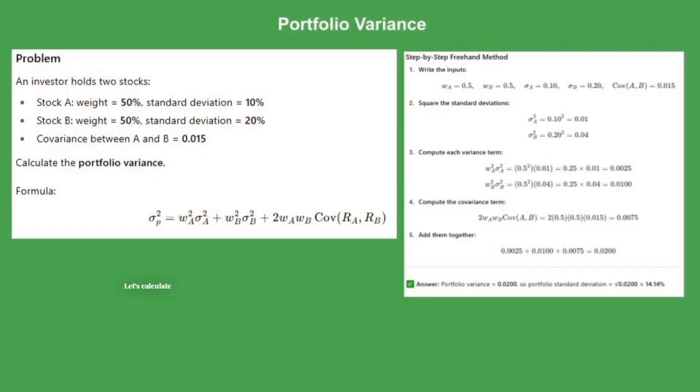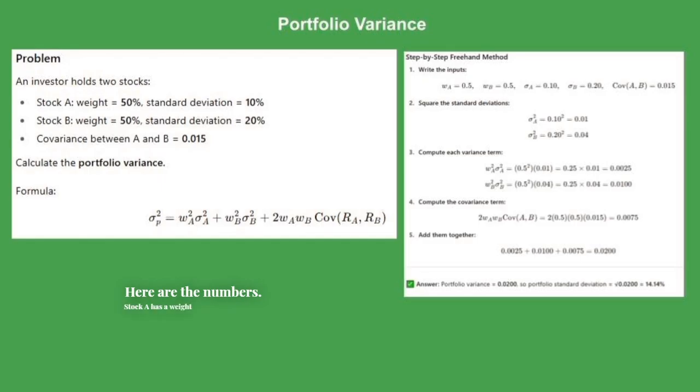Let's calculate the variance of a two-asset portfolio. The formula is variance equals weight of A squared times variance of A plus weight of B squared times variance of B plus 2 times weight of A times weight of B times the covariance of A and B. Here are the numbers.